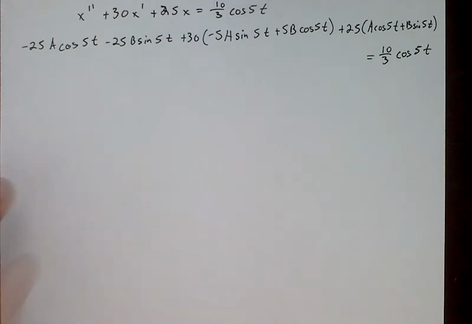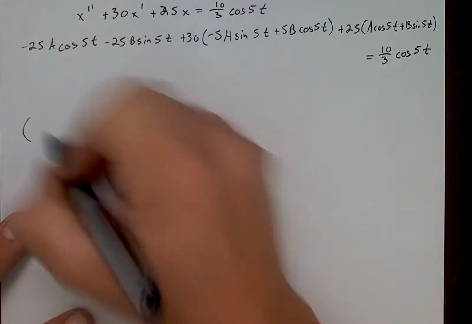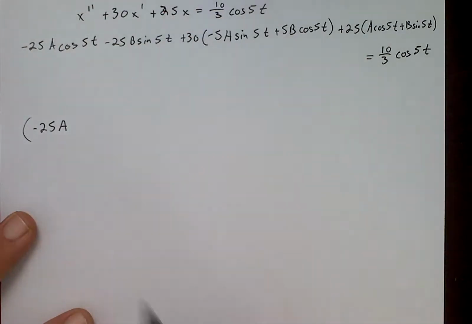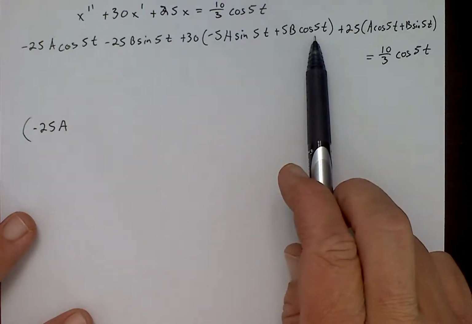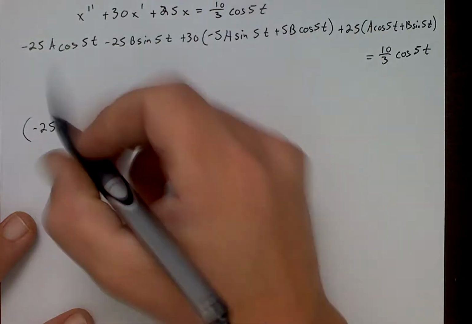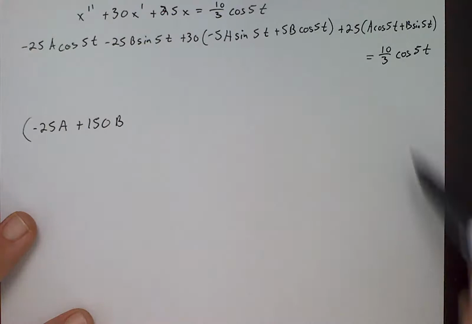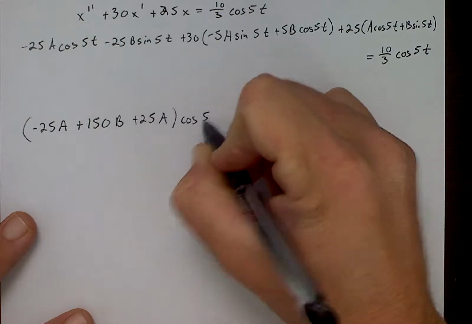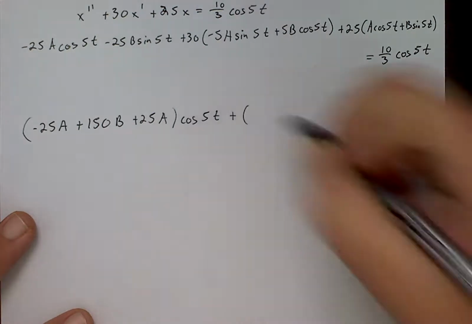All right, so the next thing I'm going to do is collect all these terms. I look for cosines first. So I made a parenthesis. I put negative 25a inside the parenthesis, and I'm collecting all the cosines. So there's another cosine here. That'll be 30 times 5, which is 150b. One more cosine at the end, 25a. And those are all my cosine 5t's. And now I'll do the same with my sines.